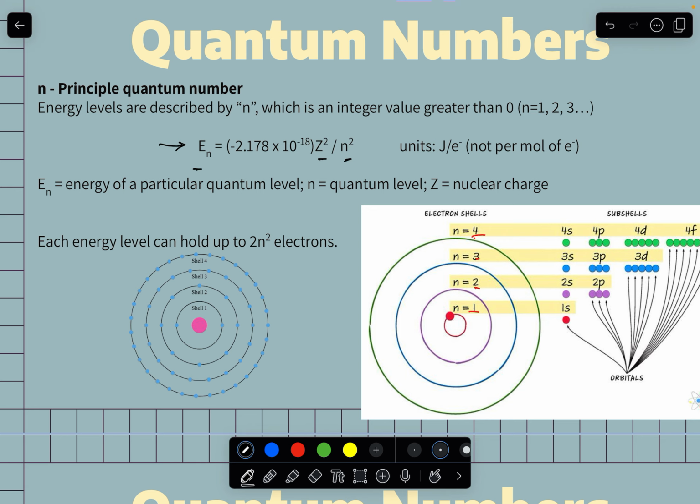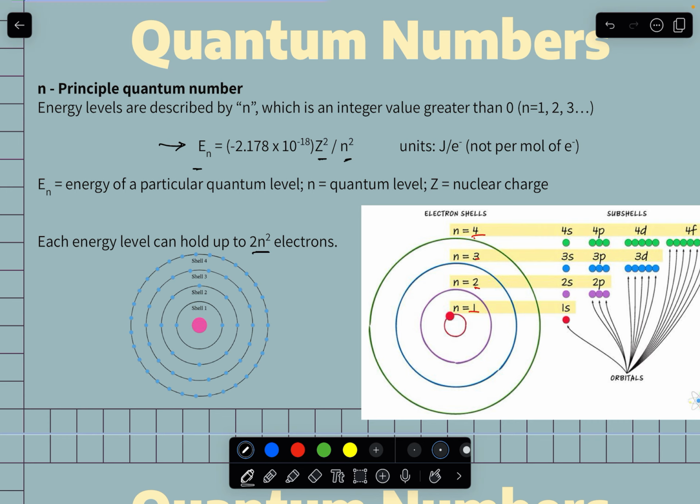So the more energy levels there are, the further away the electrons get from the nucleus, the smaller the energy. Okay. And a little note, you also probably shouldn't be tested on this, but each energy level can hold up to 2 n squared electrons.